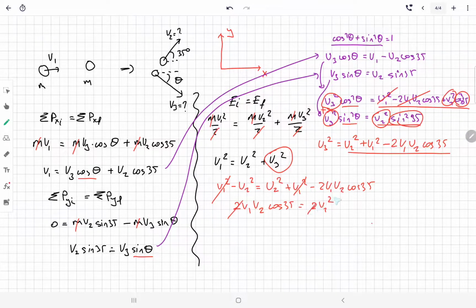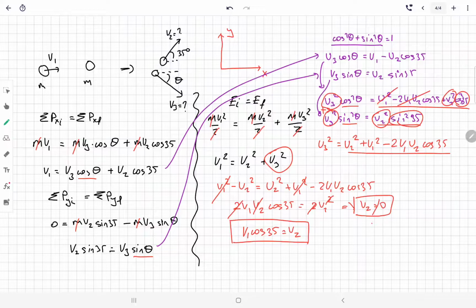It means v1 cosine 35 equals v2. We have this kind of information. The other solution, v2 equal to 0, is impossible, so we ignore this answer. The second answer is v1 cosine 35 equals v2.